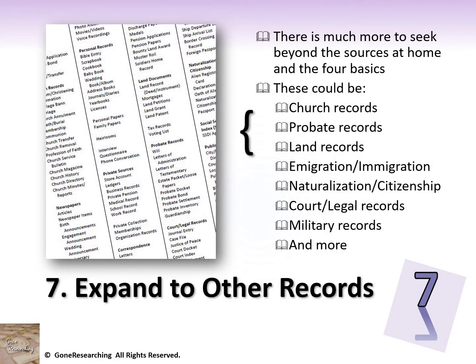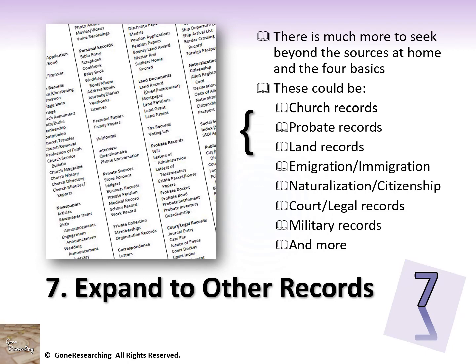Having used the 4 basic record types we've talked about, you should now have, let's call it, an outline of your ancestors, enough to identify your ancestor from someone else in other record types. So there's much more to seek beyond the sources at home and these 4 basics. The possibilities are quite large.